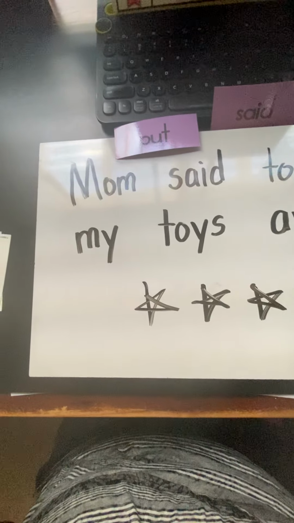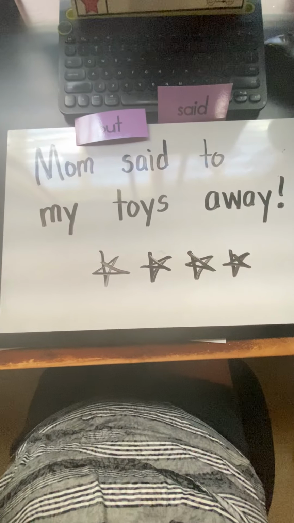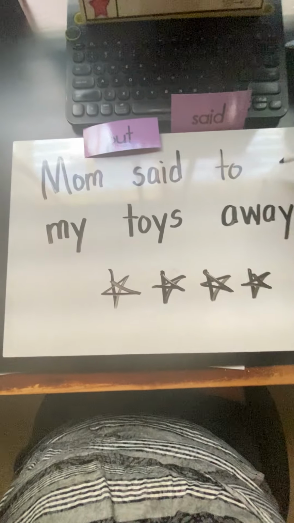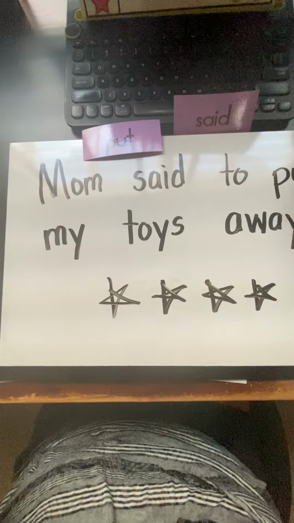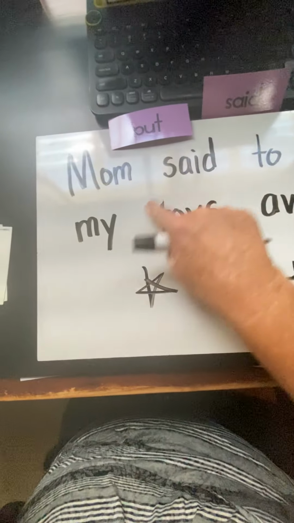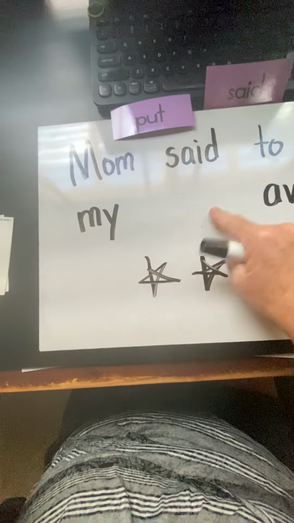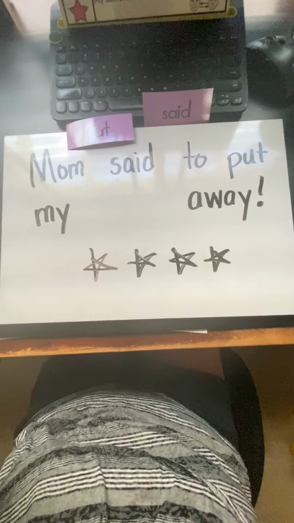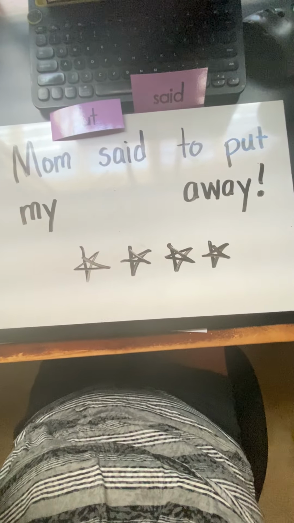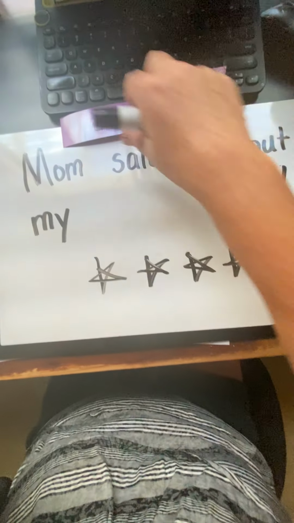What if we left this word out? It would be Mom said to my toys away. That doesn't make any sense, right? What if we forget the toys? We forget to write that word. Then it would say, Mom said to put my away. If you read that over, you'd say, put my what away? That doesn't make any sense.